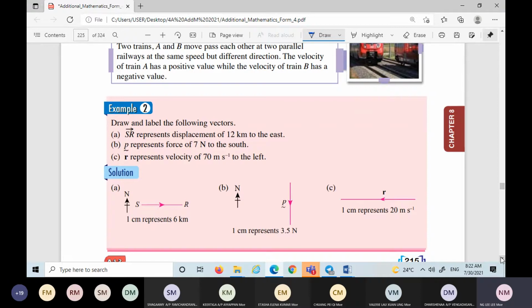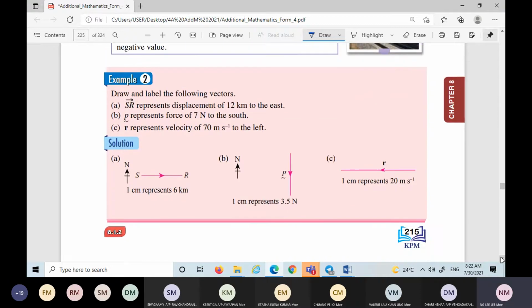Now we come to example 2. Draw and label. SR means from S to R. This is the starting point, and this is the terminal point. Represent a displacement of 12 kilometers to the east, which means point to the east, to the right.